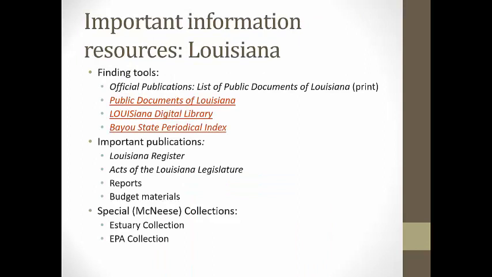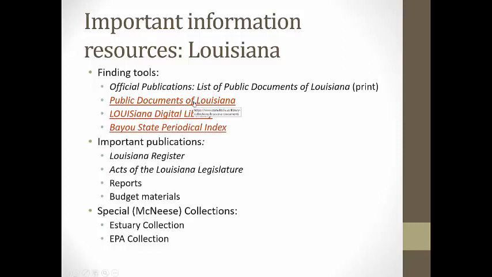Okay, now we get to Louisiana documents. And these are the important information resources for Louisiana. Finding tools, we have the Official Publications List of Public Documents of Louisiana, which is a print document.